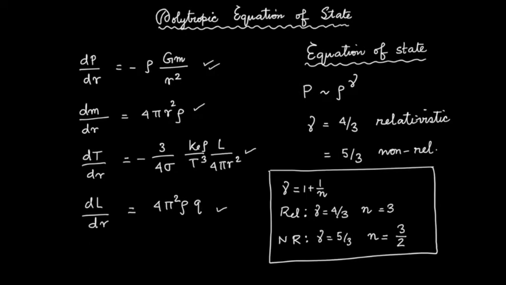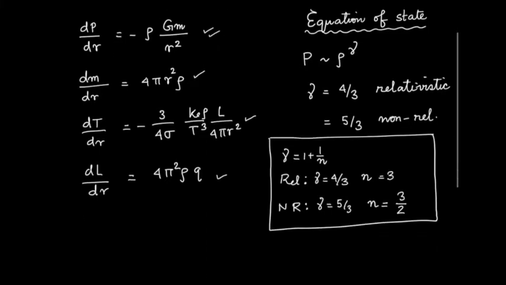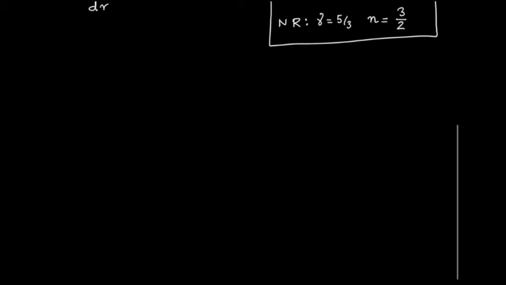Okay, so with this, let us see how we can combine the first two equations and try to get an analytical solution. To do this, let me first write the first equation. We start with writing dP/dr equals minus rho G M by r square.